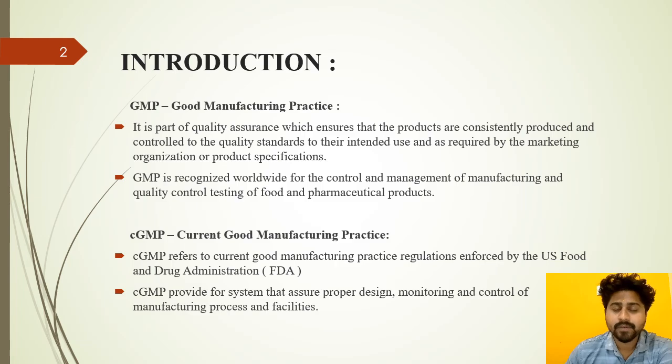It is part of quality assurance which ensures that the products are consistently produced and controlled to the quality standard to their intended use and as required by the marketing organization or product specification. GMP is recognized worldwide for the control and management of manufacturing and quality control testing of food and pharmaceutical products.